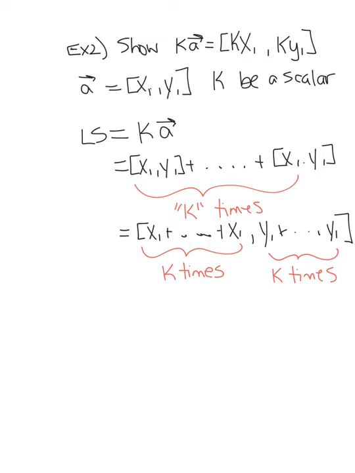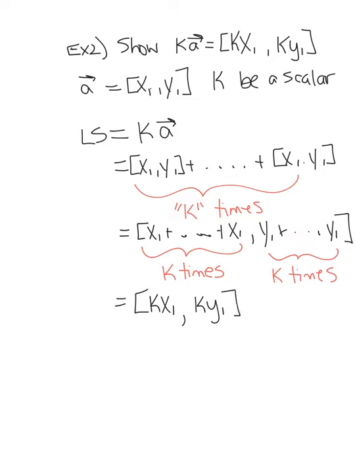So if I have x1 plus x1 plus x1 plus x1, dot, dot, dot, k times, I can rewrite that as k times x1, and then the exact same thing for my y1 plus y1 plus y1 plus y1, k times. That would give me k y1.